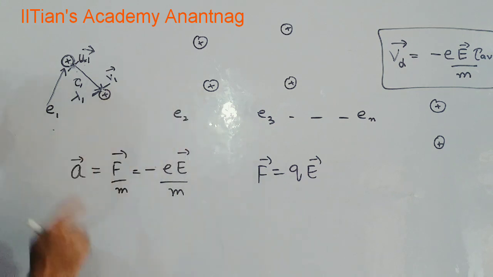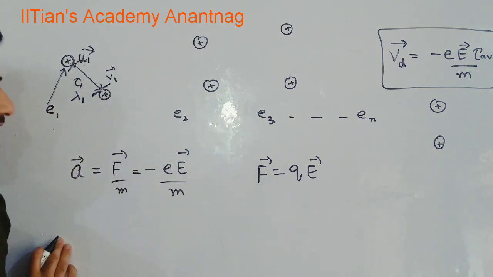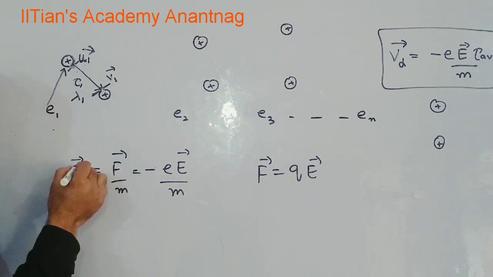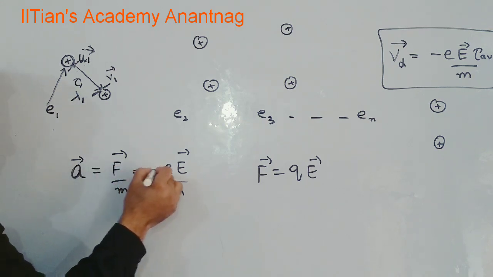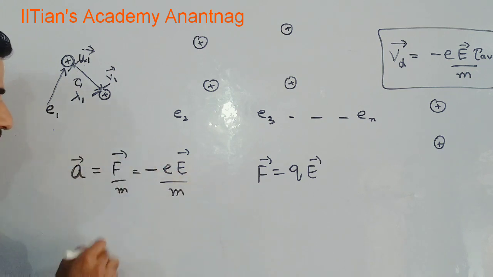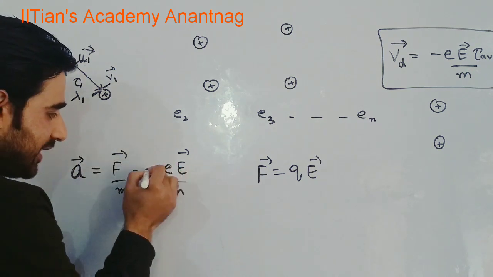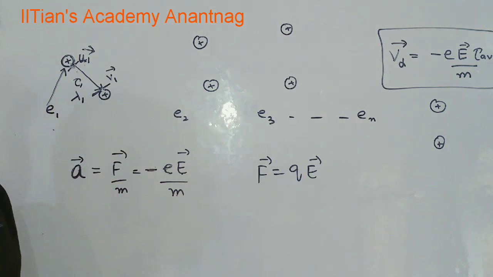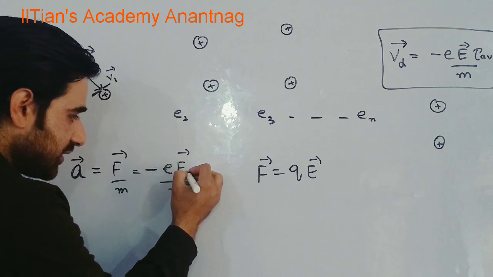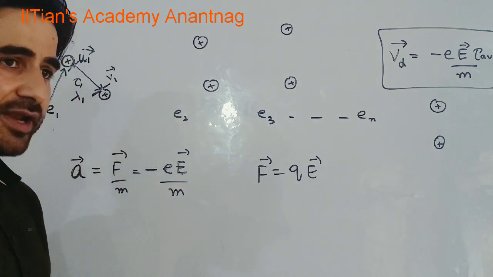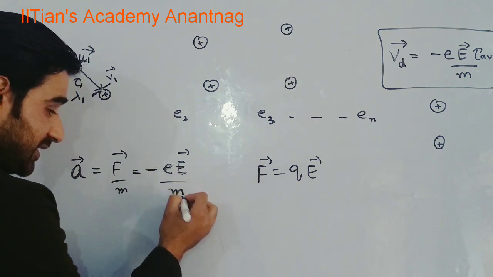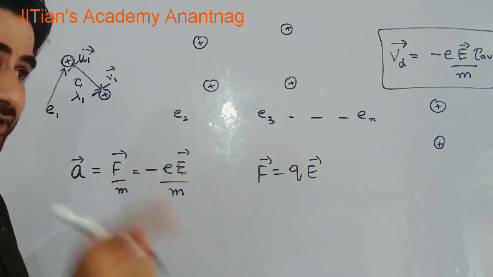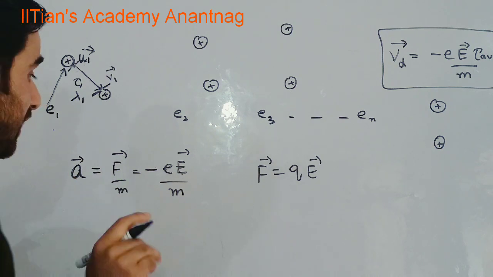Similarly, if I go for the second electron, before going for the second electron, I want to focus on one very important concept. See, the acceleration experienced by the electron is minus eE by m. Minus e in fact is the charge of the electron, that is the same for all the electrons. E is the external electric field, that is the same for every electron. m is the mass of the electron, and in classical theory I can take the mass of all the electrons the same.